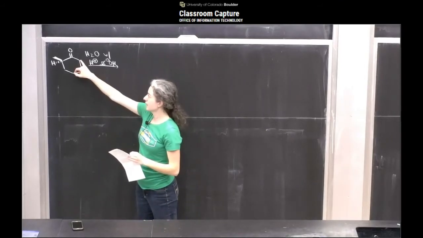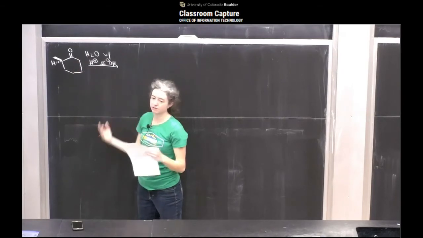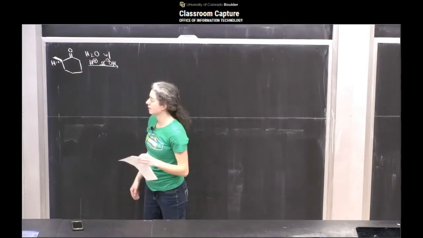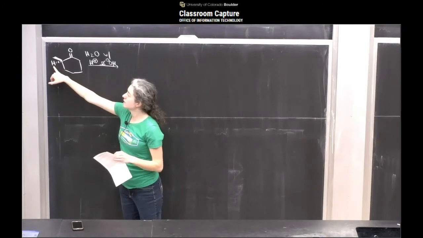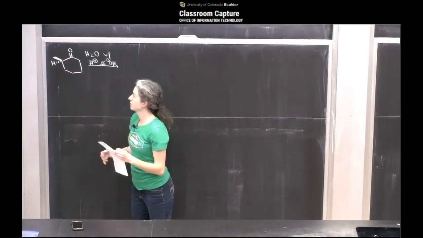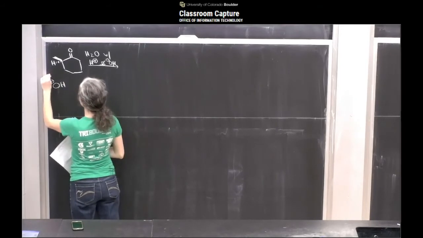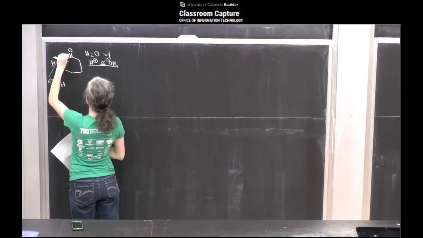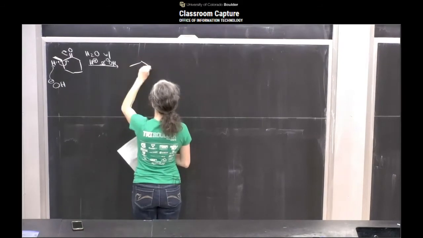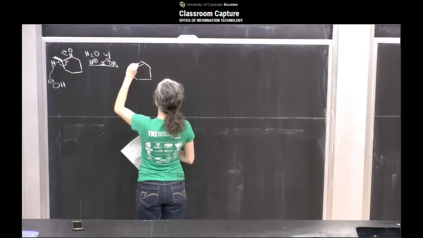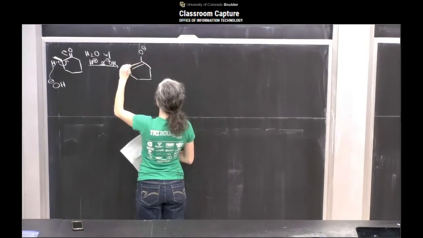The exchange is going to happen just like normal out here. All of these H's will come off one at a time and get replaced with an H from water. You can't tell, it doesn't matter. But this H is also an alpha hydrogen. It can come off too. And if we're showing this in base, for example, we're going to get to here.